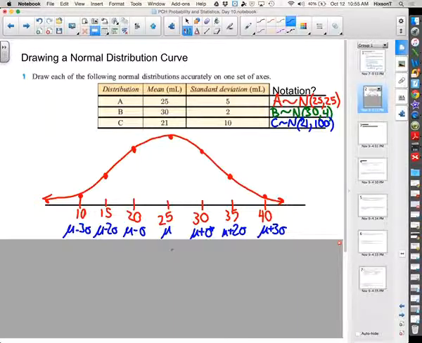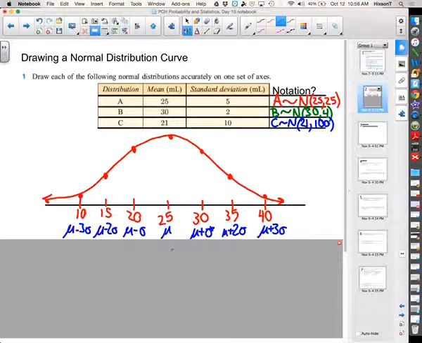Now, question. Which of these 3 is going to be spread out more? C. Okay? The standard deviation of 10, our data is spread out a lot. Which one's going to be spread out the least? B. Okay? And actually, let's see how that works. Okay?